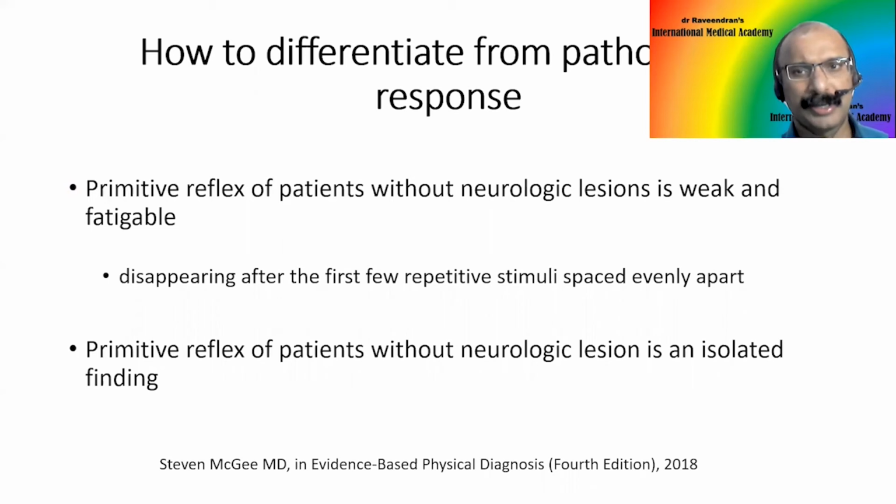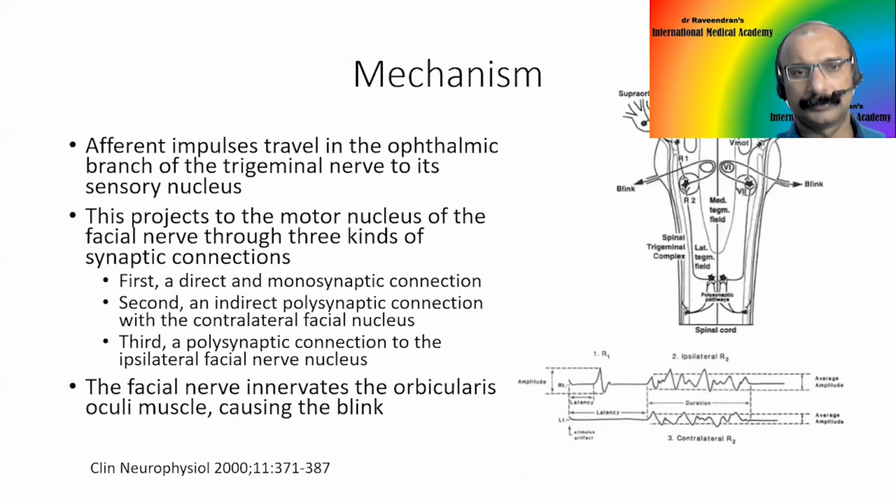So how to differentiate these from a pathological response? Primitive reflex of patients without neurological lesion is weak and fatigable, disappearing after the first few repetitive stimuli spaced evenly apart. It is an isolated finding.